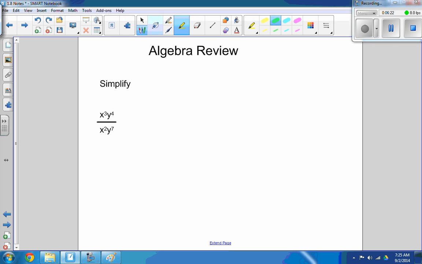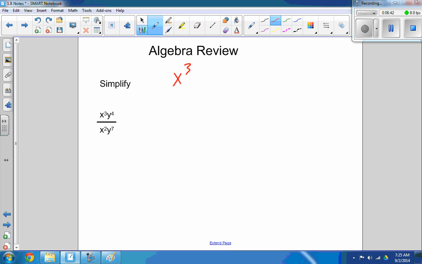So let's do a little bit of algebra review. Let's simplify this problem here. So we have x to the third, y to the fourth, all of that divided by x squared, y to the seventh. So when we're dividing, let's think about this.